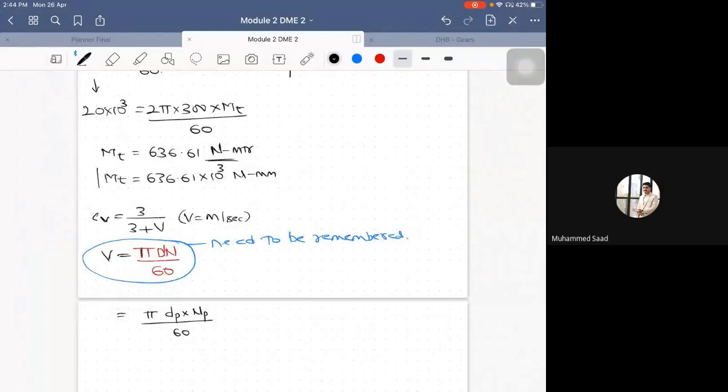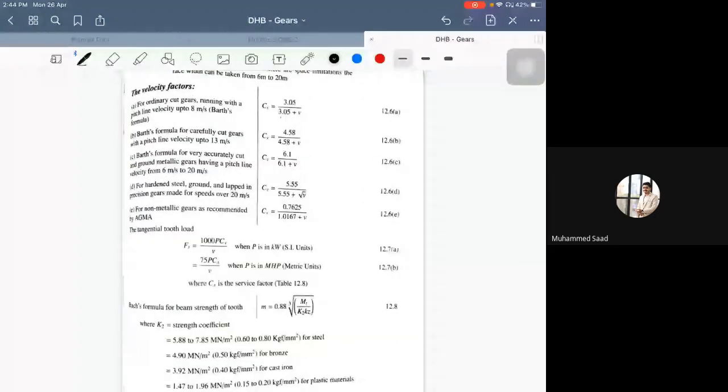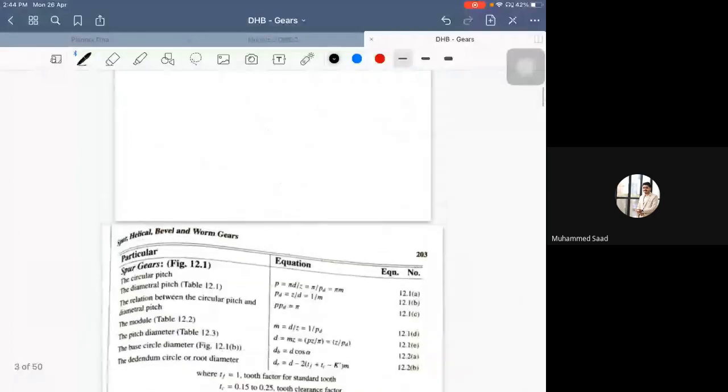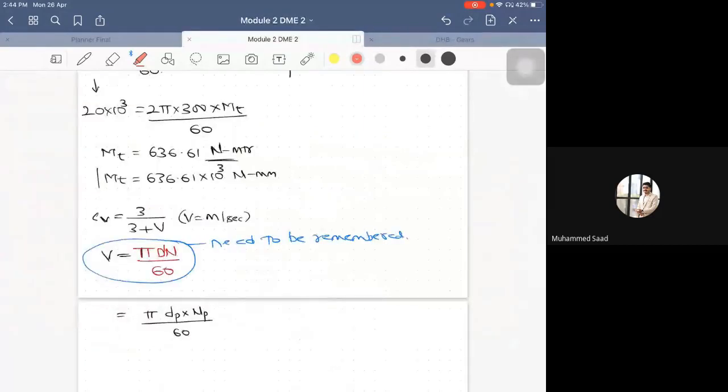So what you have to do is go by this particular method. Go for this equation here at the start, a basic level equation. Here it is specified that m is equal to d by z, correct? I know you don't even have the module, but just take that equation, where dp is equal to m times zp.